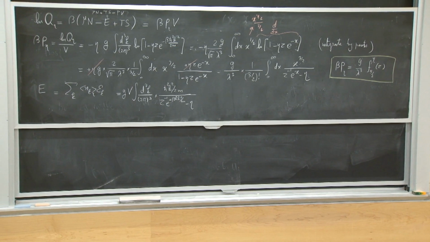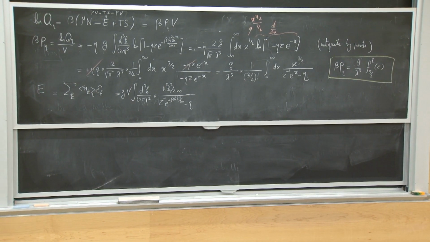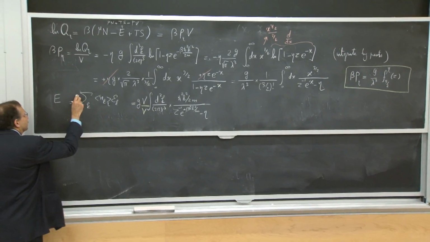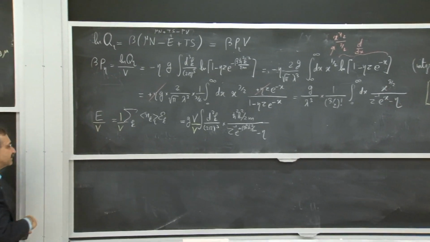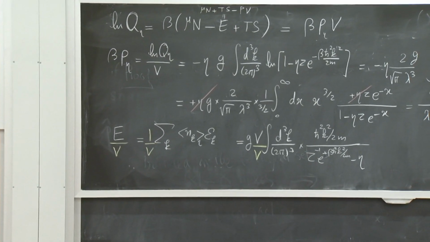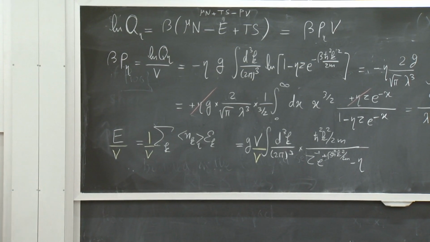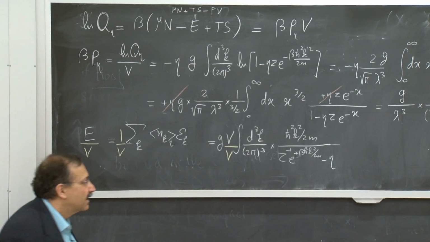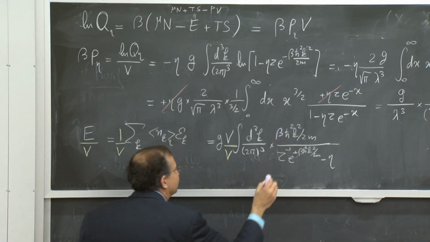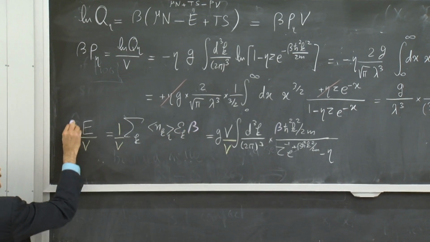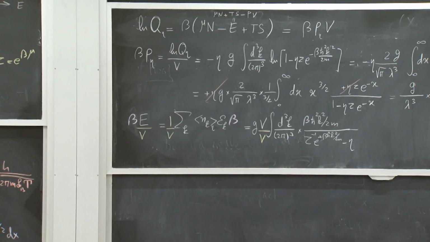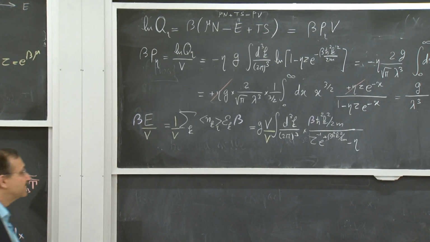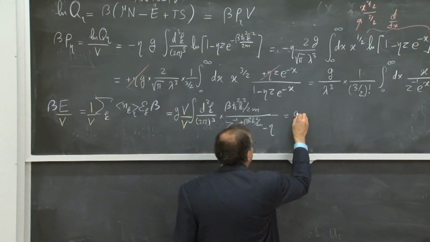So the simplest way to do this is to first of all divide by v. So I can define an energy density. Actually, since I'm going to change variables to this combination that is x, I notice that up to a factor of beta, the numerator is x. So let me actually calculate the combination beta E over v that only depends on this combination x. So what is it? It is g.